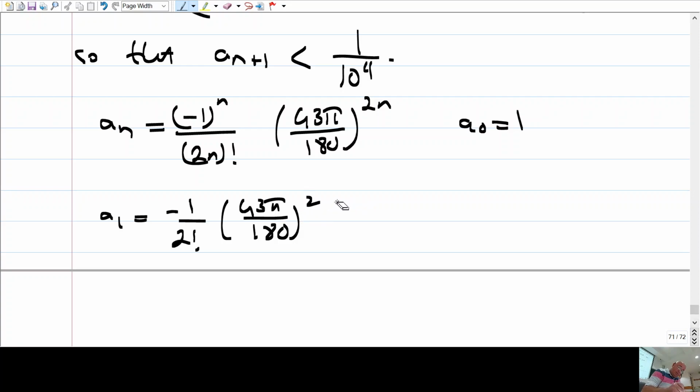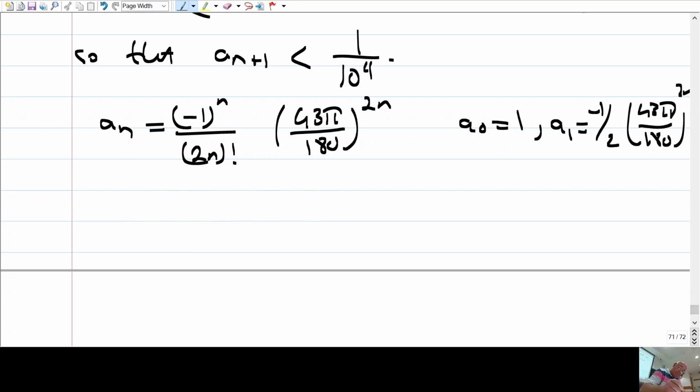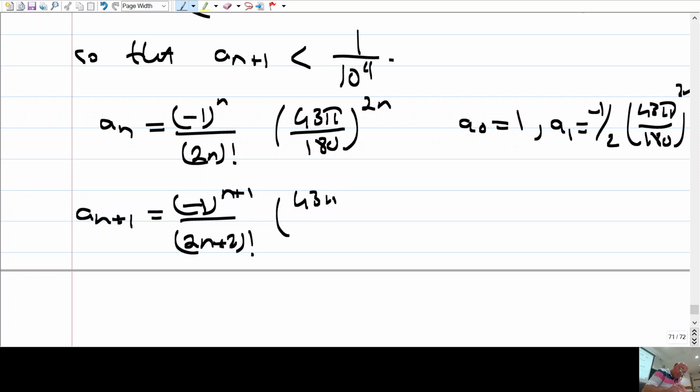Then what is an plus 1? An plus 1 is minus 1 to the power n plus 1, over 2n plus 2 factorial, times 43 pi over 180 to the power 2n plus 2. I write n plus 1 for n.